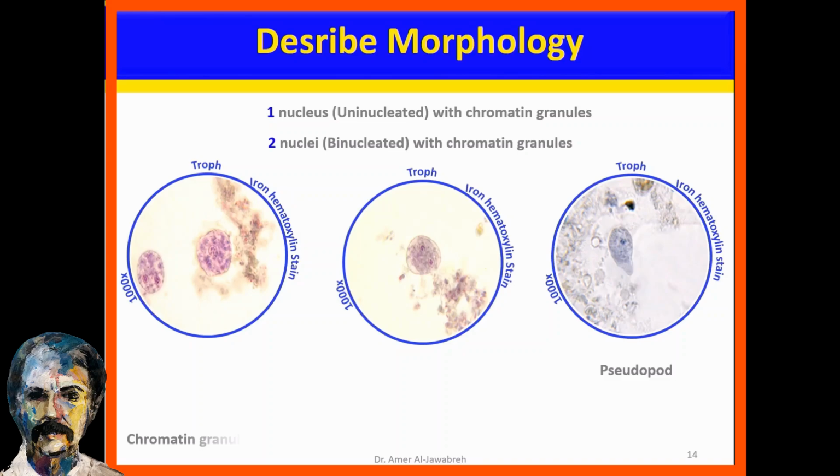What are the parasites that use pseudopods for movement? Amoebas. Therefore, it's not strange that they one time classified this as an amoeba. So chromatin granules, these here, are visible with iron hematoxylin.